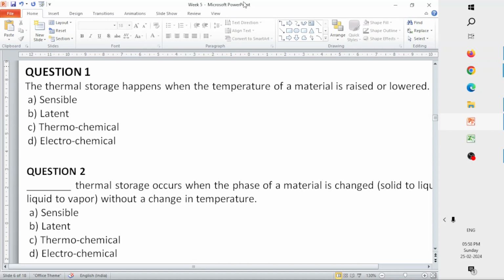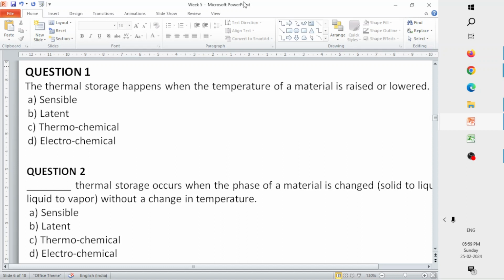Let's eliminate the options from this question so that we not just know the answer but also know the definitions of the other options given. Option D is electrochemical. This word means electro, so this is not something you deal with in thermal energy storage.